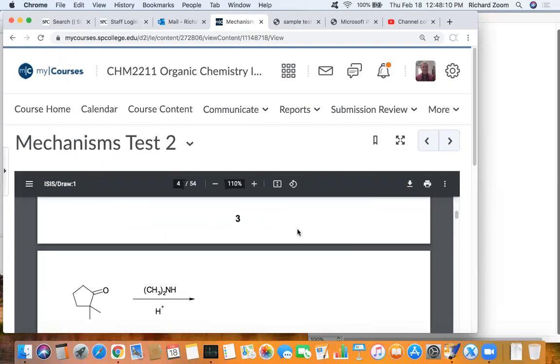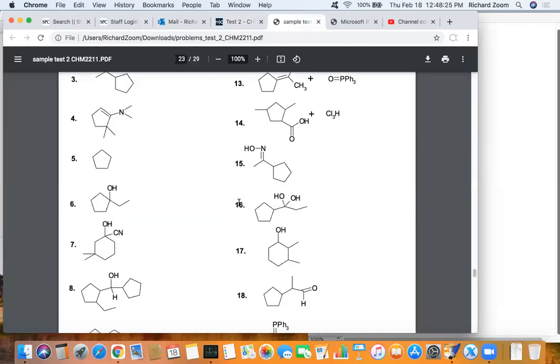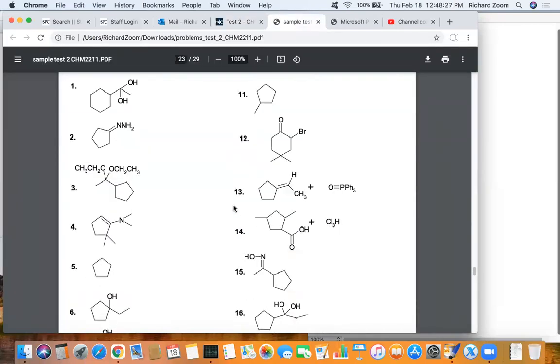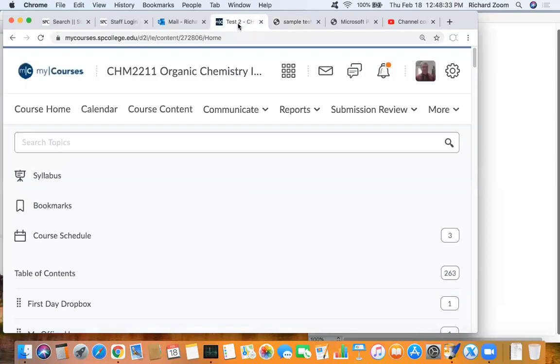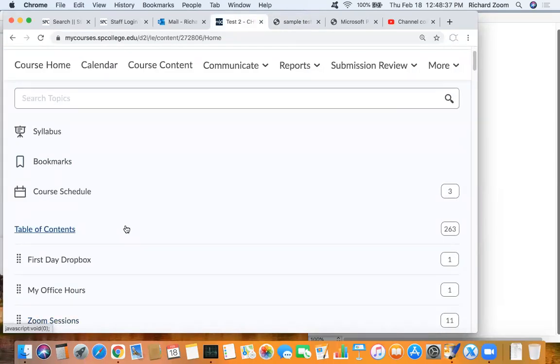So the intent there is that you could possibly do those problems that start here on page 18, and then you can check your mechanisms against mine that I have in that file. So I think that'd be a good way to prepare for this test.